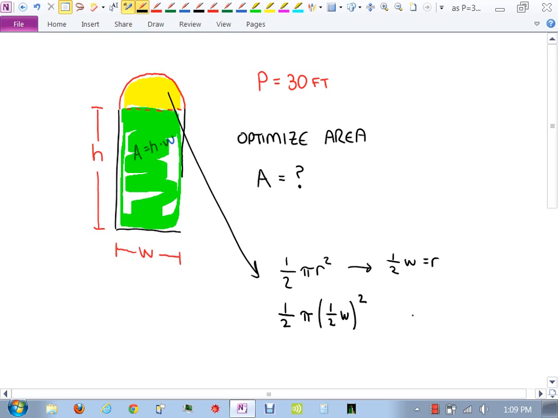The reason I'm trying to get it in terms of w is because I want as few variables as possible. Do y'all know what I mean by that? Okay, so this will be 1/2 pi times 1/4 w squared, which is 1/8 pi w squared.